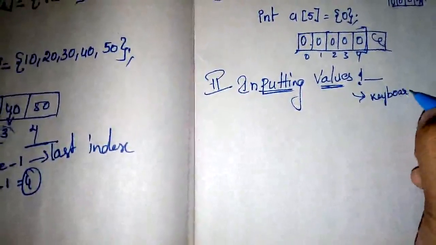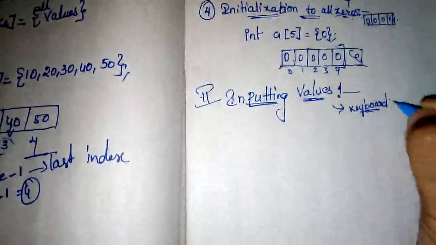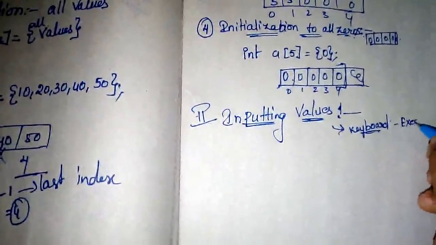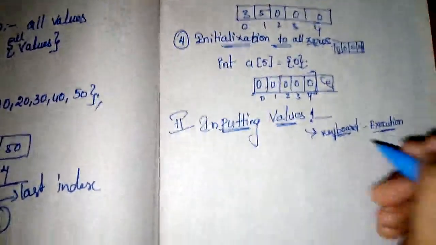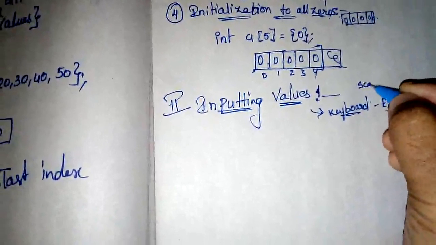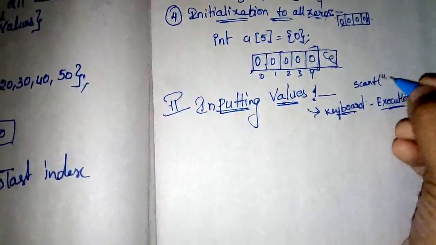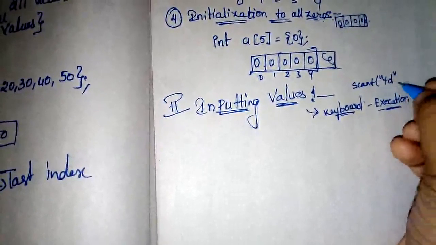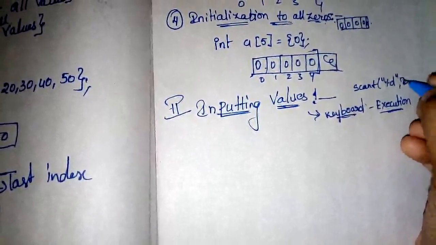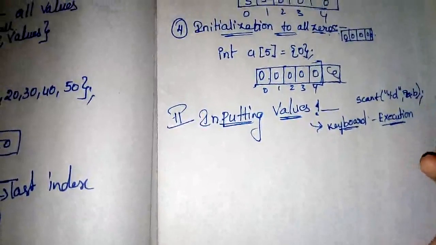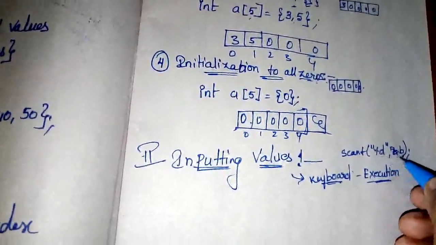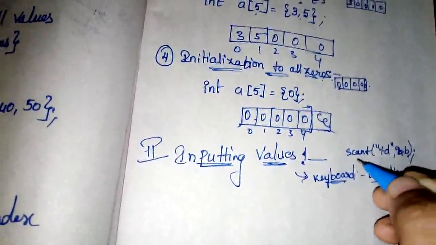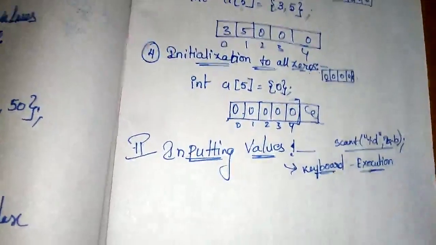So generally when we take values from the keyboard at the time of execution, in order to take values into a normal variable, what do we use? We use the scanf function. Say for example, %d comma ampersand variable name. So like this, if you want to take some integer value as an input into a variable b, we write a scanf function like this.